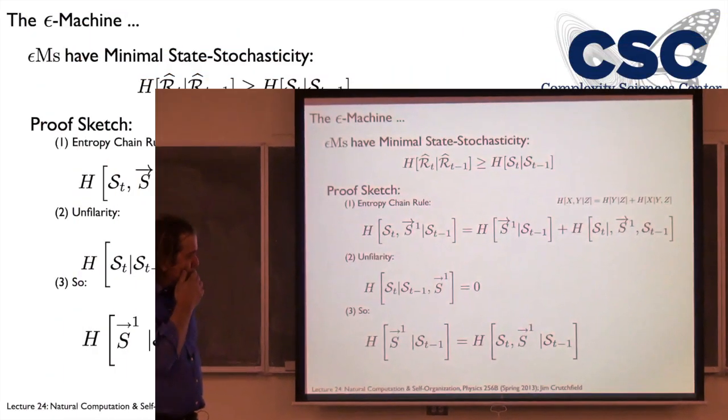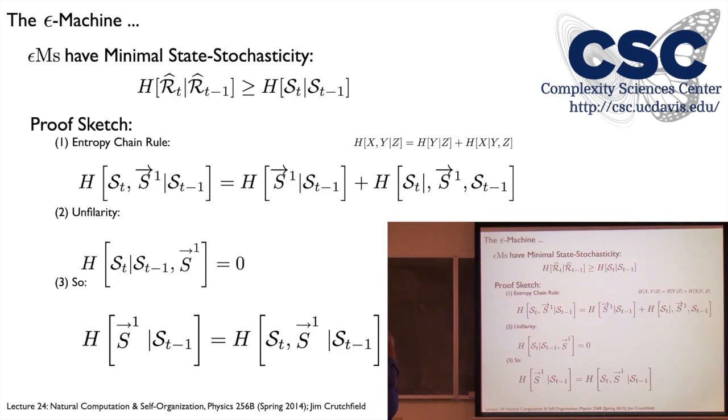Okay, I think this is the final property, namely that if we look at the causal state process and any prescient rival, equally predictive, the induced stochasticity is smallest with the epsilon machine.